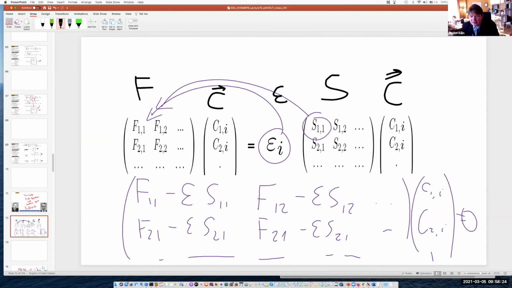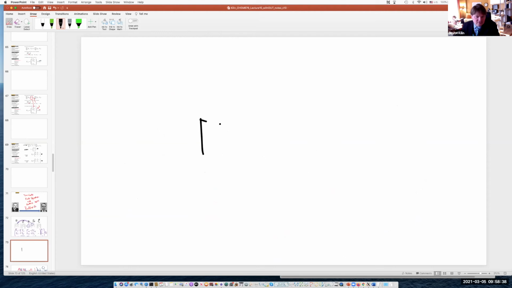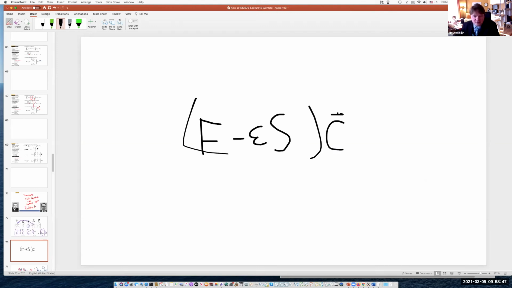And we can subtract left and right parts, then the elements will be (F minus energy times S) multiplied by C equals 0. So it's a standard eigenvalue problem that we do not need to solve ourselves.